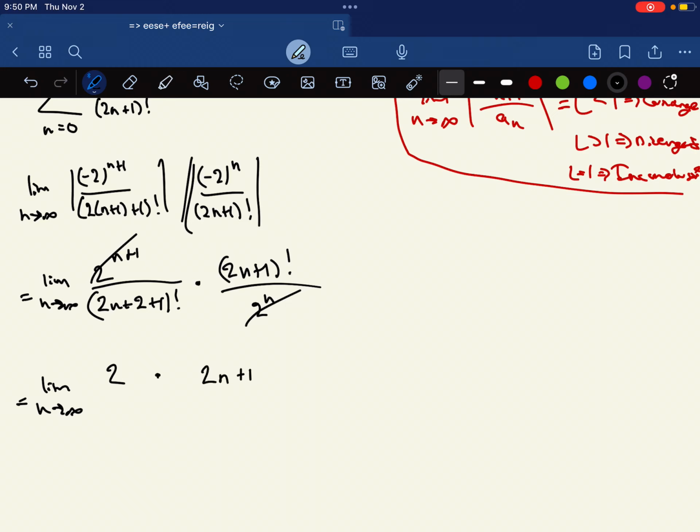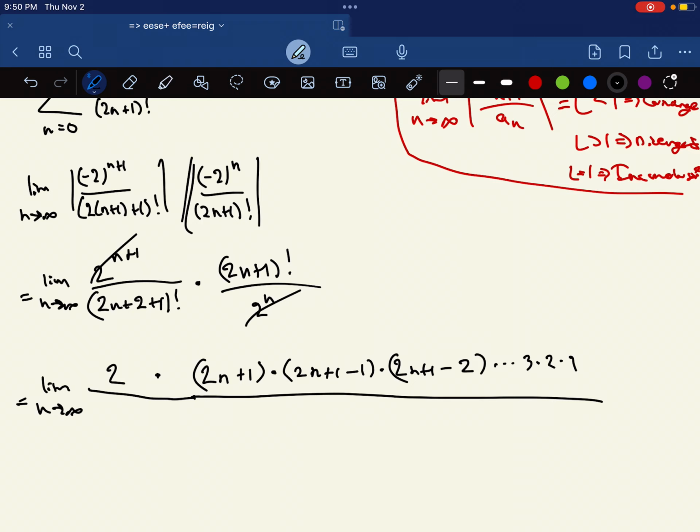Expanding it, 2n plus 1 times 2n plus 1 minus 1 times 2n plus 1 minus 2, dot dot dot, all the way to 3 times 2 times 1. And all of this divided by 2n plus 2 plus 1 times 2n plus 2 plus 1 minus 1 times 2n plus 2 plus 1 minus 2, and so on, times 3 times 2 times 1.